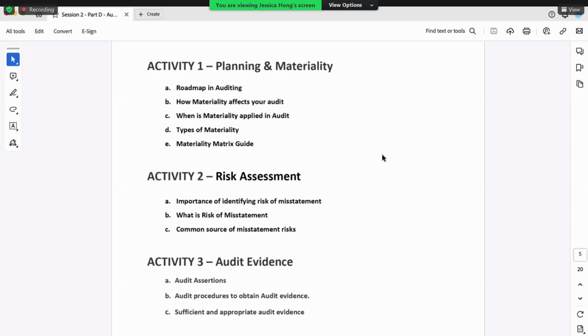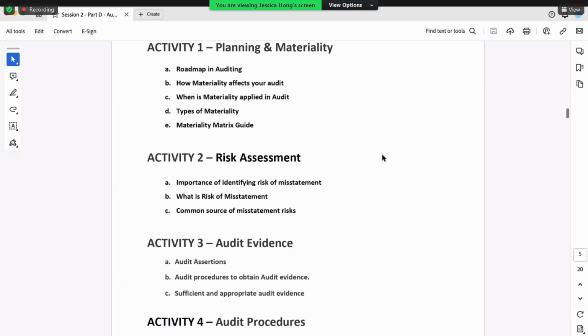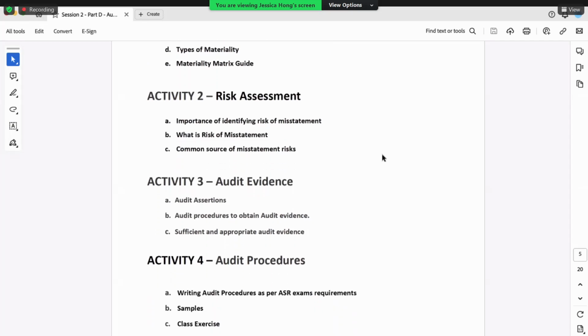So sometimes they may share with you some case studies and ask you where is the risk and what is the risk of material misstatement. Yes, it will come without warning. So that's the usual examination questions.